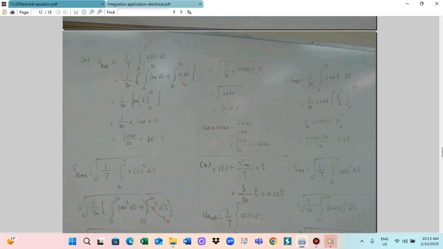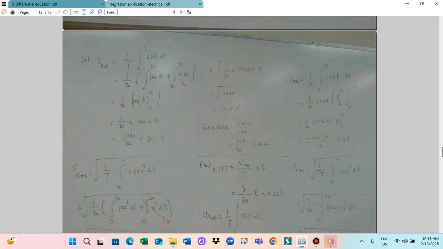In this case, one cycle is 20, so this is 1 by 20, integration 0 to 10 of 100 dt, plus integration 10 to 20 of 0 dt.